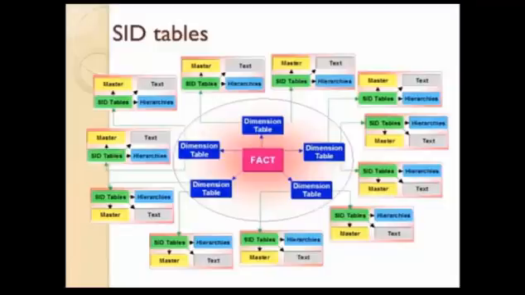So if you pick any surrounding block, for instance, on the upper left-hand corner, let's say we have a material master data SID table, shown in green at the upper left-hand corner.